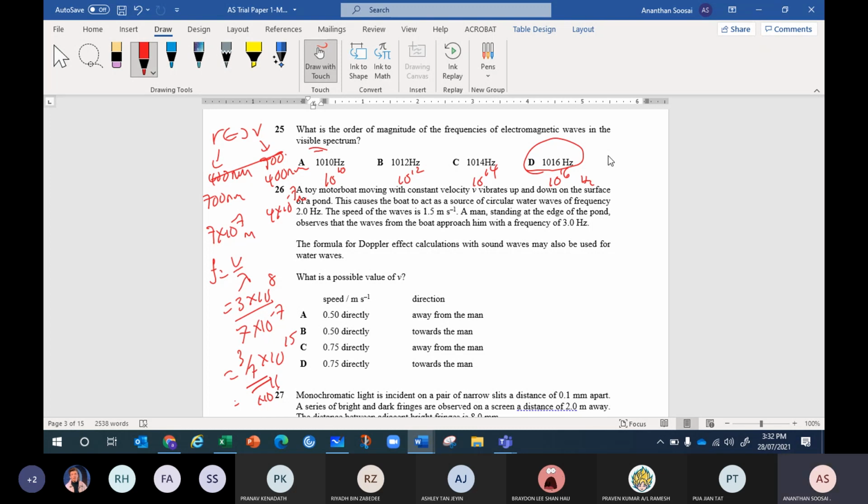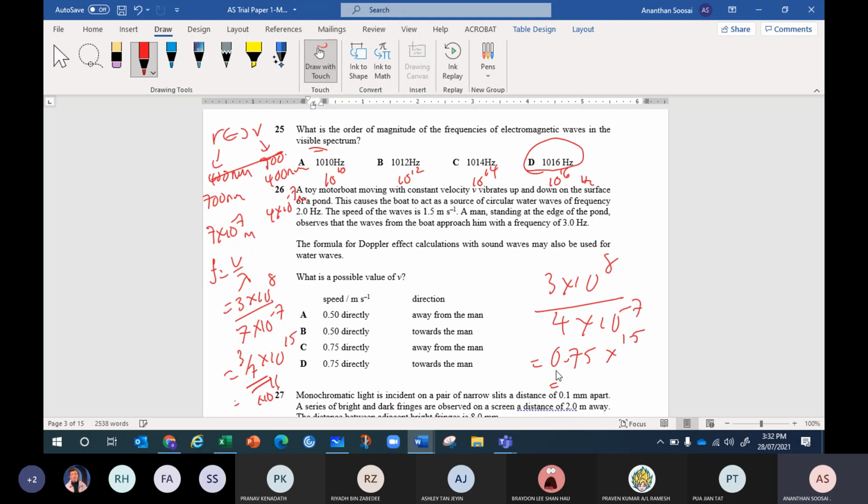Yes, there is a mistake in the typing. It's the power at the back. Answer is C. We give 10 power of 14. 3 times 10 power of 8 divided by 7 times 10 power negative 7. If we go for 4, 3 times 10 power of 8 divided by 4 times 10 power of negative 7, you get 0.75, still the same, but 0.75 times 10 power of 8 plus 7 is 15.